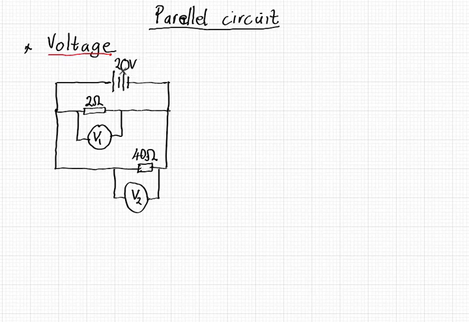It's 20 volts, and this is the positive, this is the negative, and then we have the direction of current or the direction of charge flow. So let's think about what we said earlier on. What does this 20 volts mean? It means each and every charge leaving this positive terminal will have a voltage of 20, right?